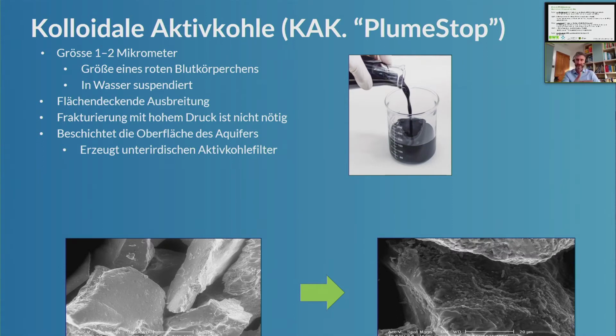So it's a true liquid in the way that blood is a liquid, milk is a liquid, wine is a liquid. And what you can do with this product is inject it into the subsurface at very low pressure so that you're not creating any fractures. It moves through the formation and it paints the subsurface. And as it paints the subsurface, it turns a contaminated aquifer into a purifying filter.